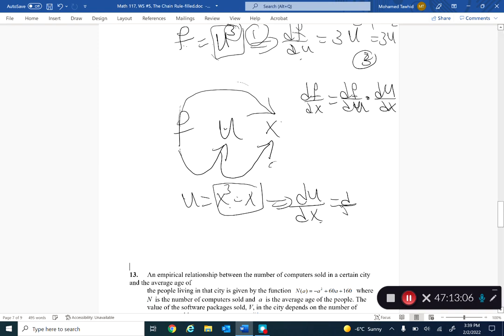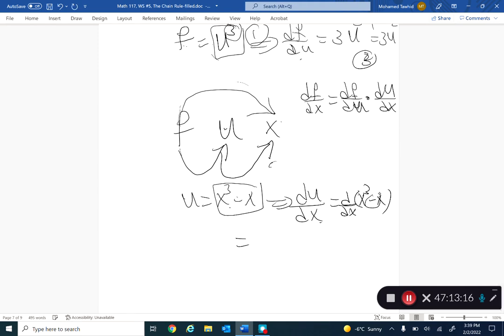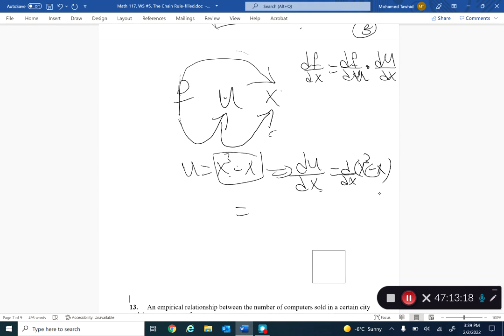What is the derivative with respect to x of x cubed minus x? If you have a minus in the middle, you take the derivative term by term. So you have the derivative of x cubed minus the derivative of x. For x cubed, your n is 3, so this one will be 3x squared.